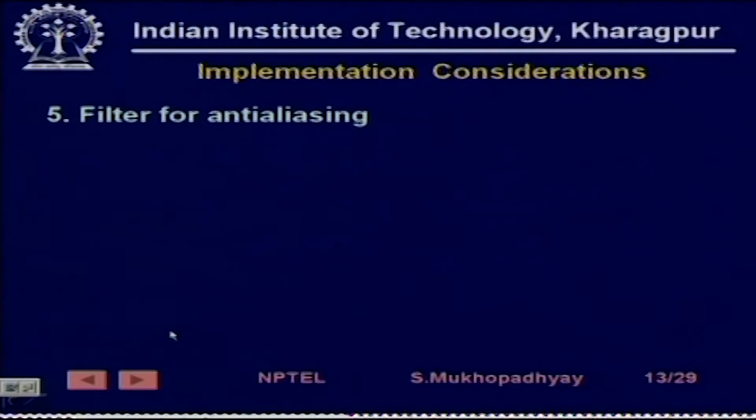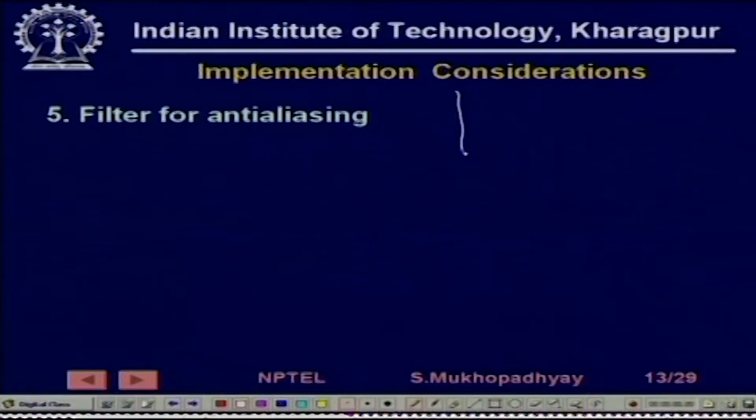You need a filter for anti-aliasing. You are probably aware that these PID controllers are actually digital devices today. They all contain microprocessors and do all kinds of computation using digital signal processing methods. It is well known that if a signal is sampled, then its analog spectrum gets repeated.